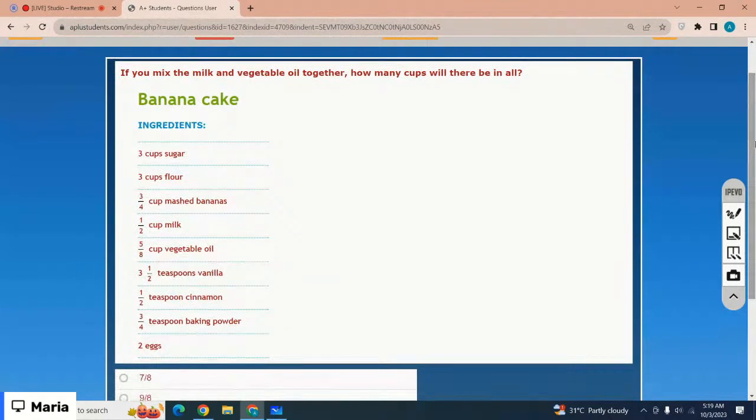Okay, if you mix the milk and vegetable oil together, how many cups will there be in all? Milk is 1 by 2 and vegetable oil is 5 over 8. So, which is the correct option?